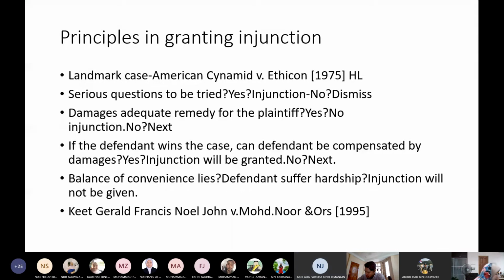Yang macam I explain asal tadi pasal ex parte, kalau ikut dia 14 days, tapi kita tak ada masa nak 14 days. Oh, kiranya plaintiff boleh hantar ex parte application tapi kita anggap macam dia dah lapse within 21 days and then Doktor call for ad interim untuk call defendant.